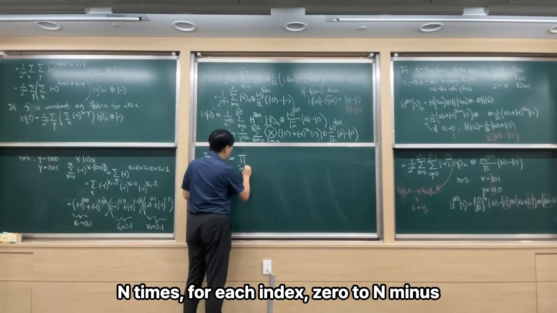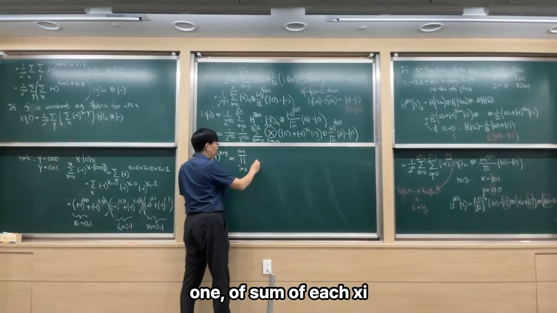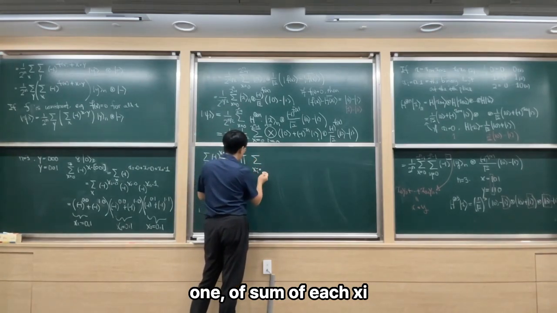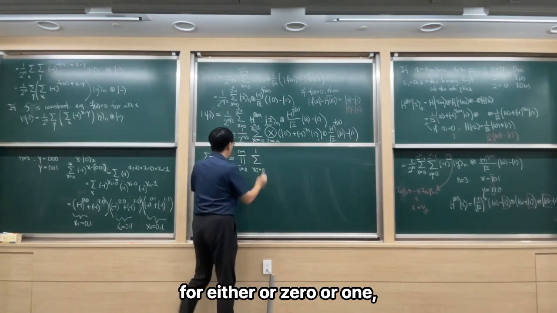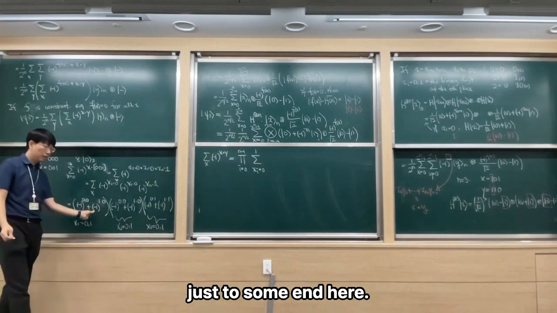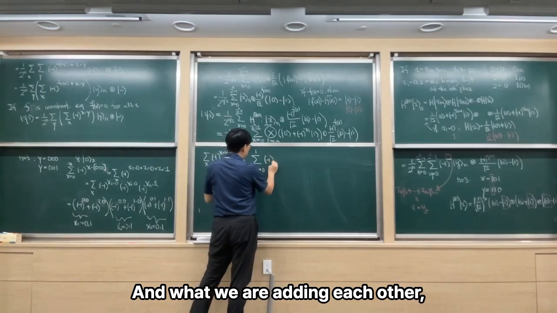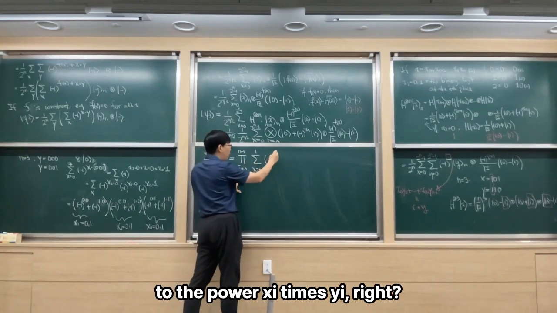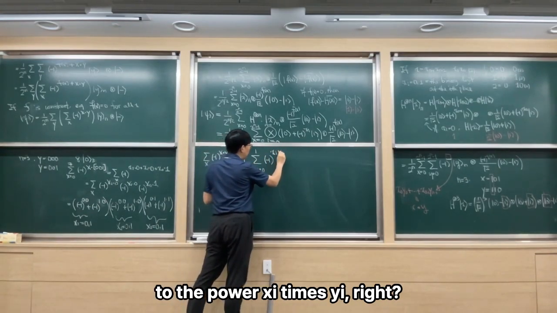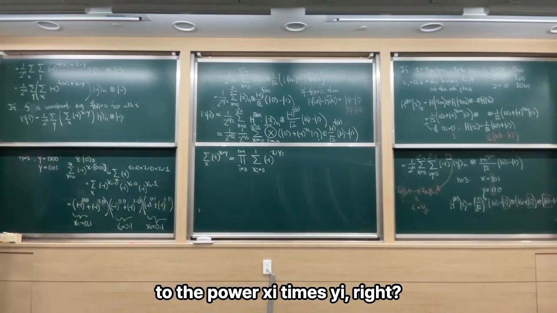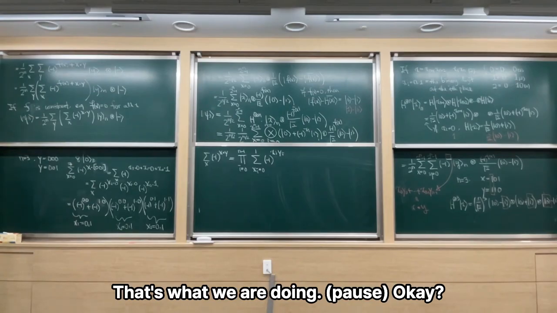For each index, 0 to n minus 1, a sum over each xi, either 0 or 1, just 2 summands here. And what we are adding to each other is (-1) to the power of xi times yi, right? That's what we are doing.